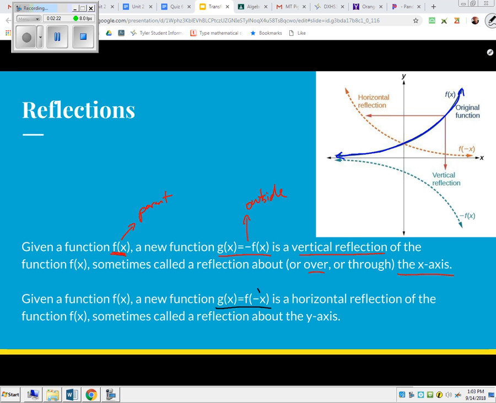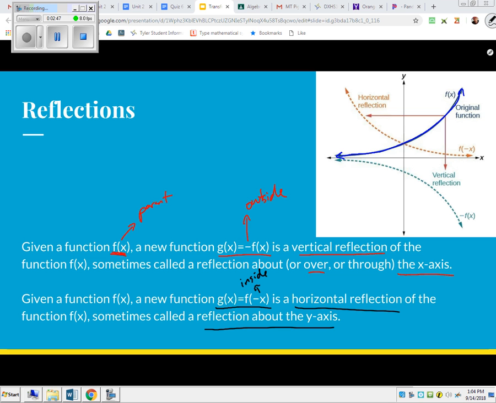Let's go down here to this g of f of negative x. This negative is inside the function. Yesterday, whenever I was adding and subtracting numbers that were inside the function, which way did they move? Right and left. Good news. The reflection is going to be a horizontal reflection. It's going to move right and left over the y-axis.